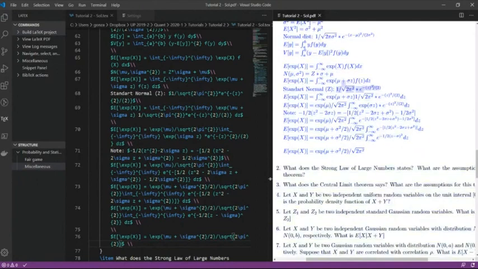And whenever you're doing integrals, constants don't matter, right? So this thing and this thing are almost the same.